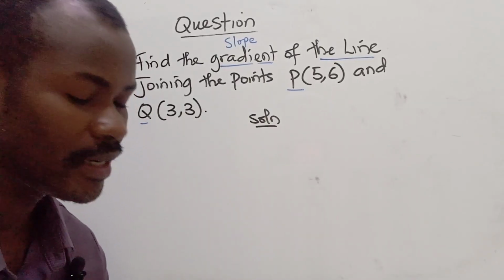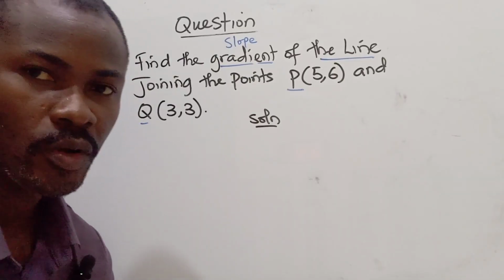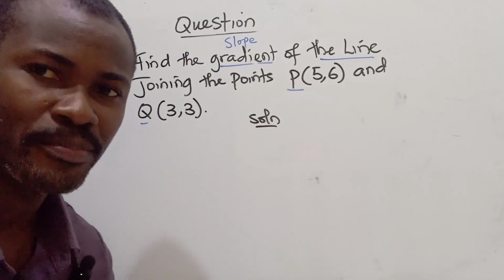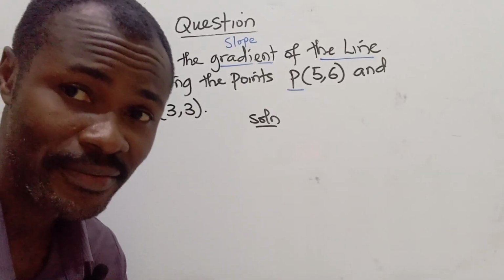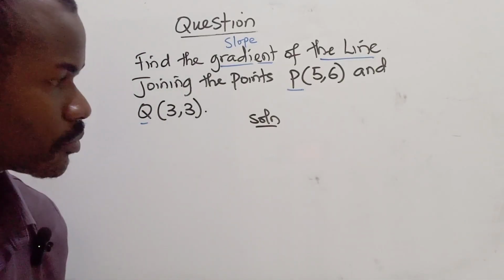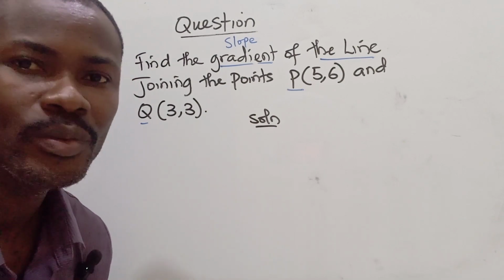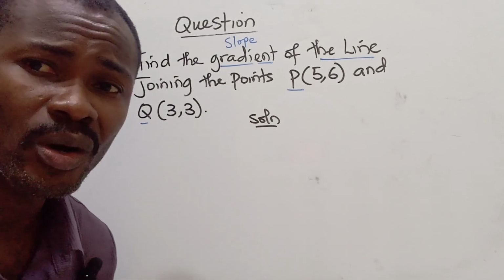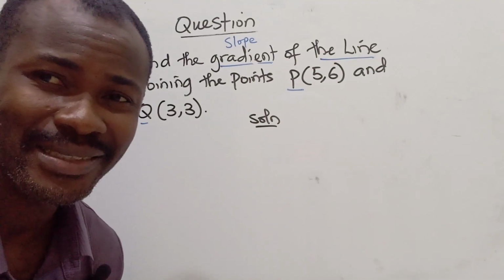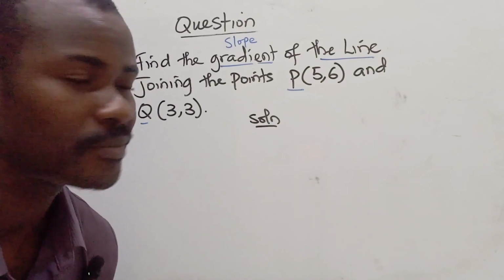Now quickly represent them, then we develop the formula and solve. Although if you have some basic understanding and knowledge of graphs, you can solve this problem easily just using the formula. But I'm going to represent it so that we can recall our basic understanding of gradient and how it comes from the graph.